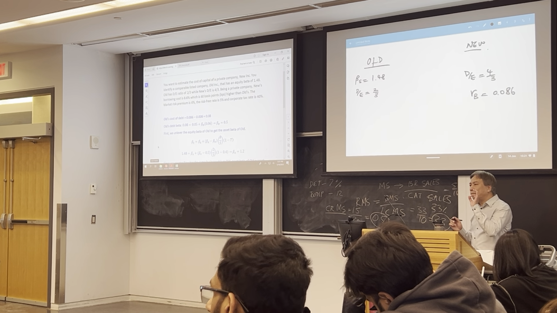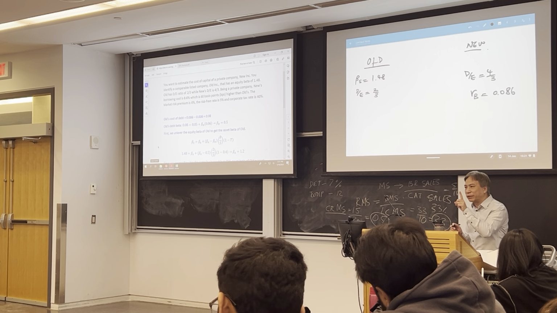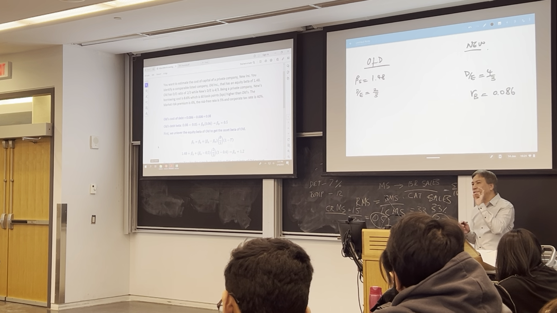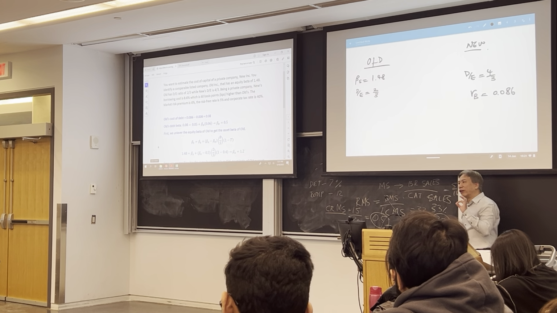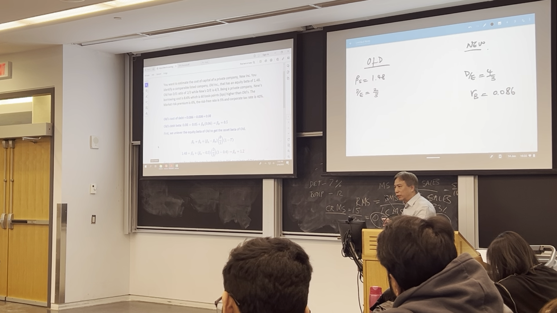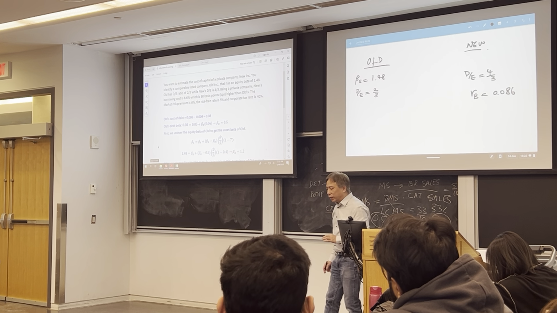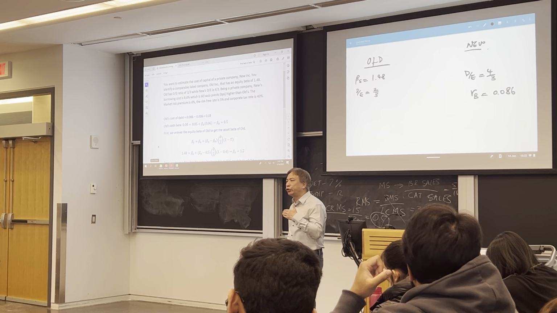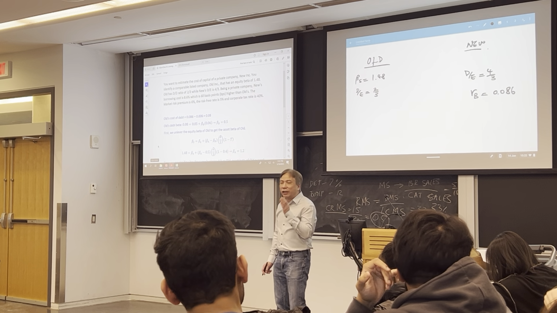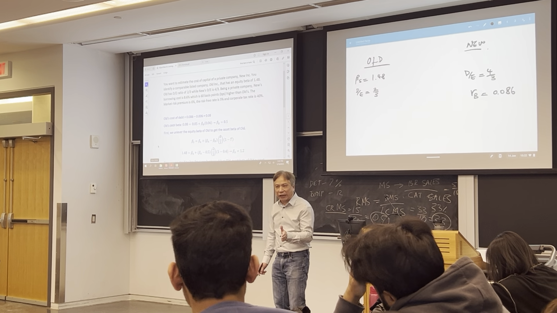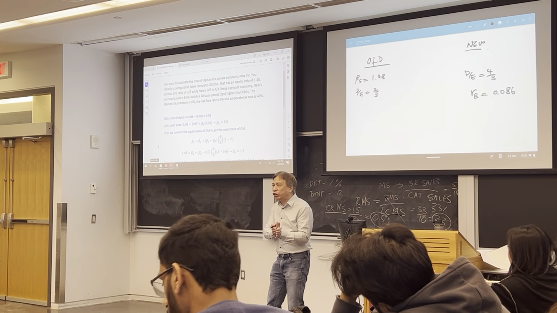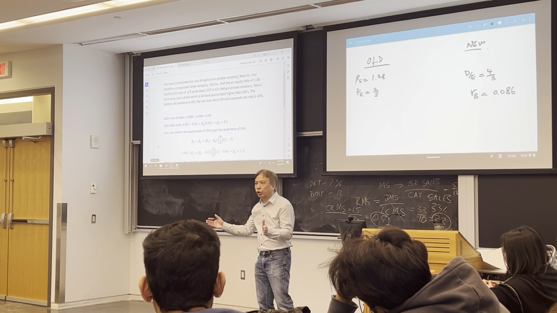Now, 100 basis points is 1%. This is the term we use in the financial market to avoid confusion. Let's say the interest rate is 10%, and you increase the interest rate by 10%. What does that mean?